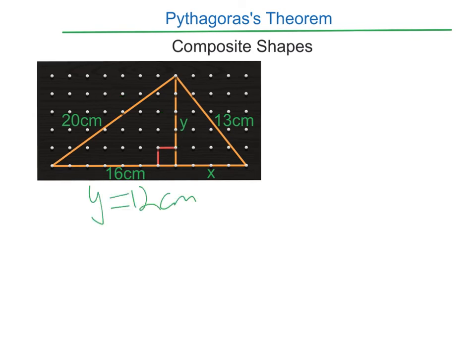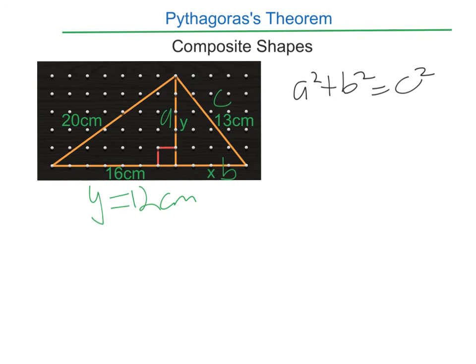So having worked out that y is worth 12 centimetres, I can now use that value here that I now know, plus the 13, to get what x is. So let's write out Pythagoras', let's label it first. So C, A and B, A squared plus B squared equals C squared.